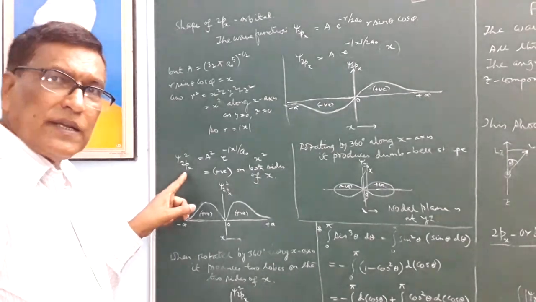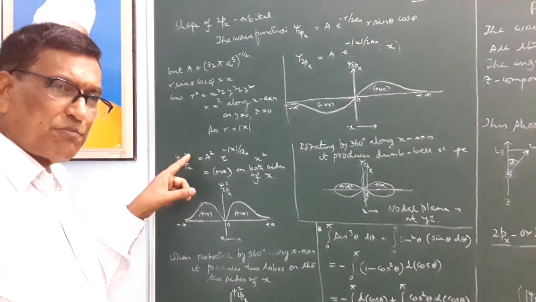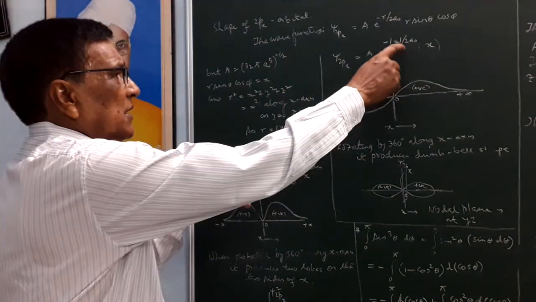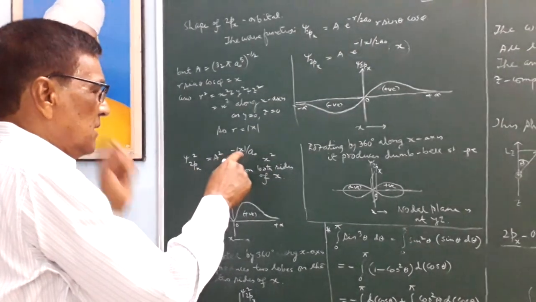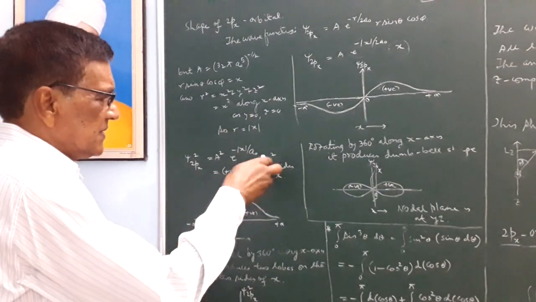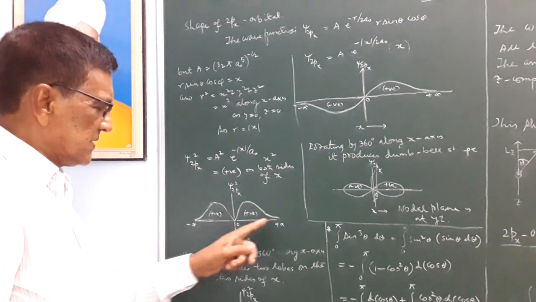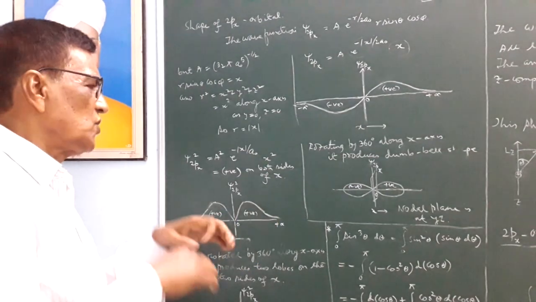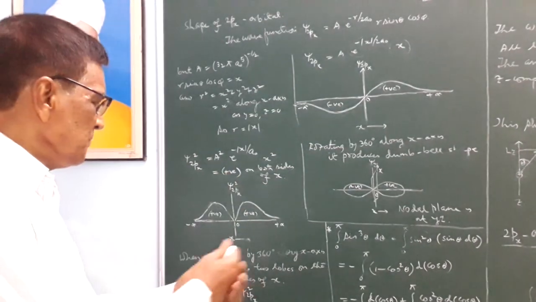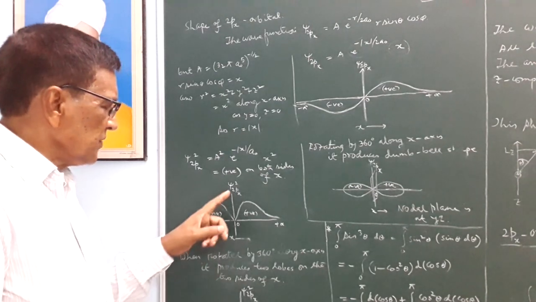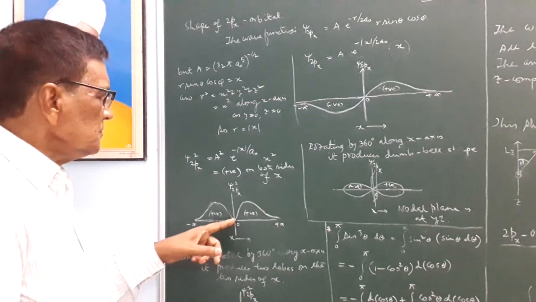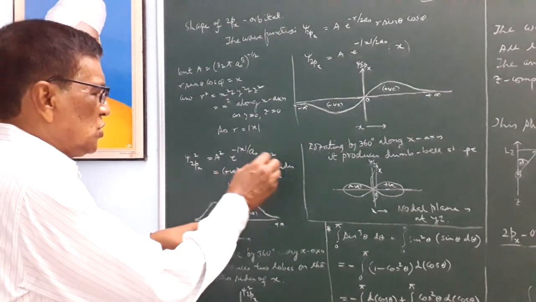Whenever we are plotting the psi 2px squared, the probability density, then a squared, the 2 will vanish, e to the power minus modulus x by a naught, and it is x squared. Since it is x squared, whether x is positive or negative, x squared is always positive, so the probability density is always positive on both sides of x. Plotting psi 2px squared versus x, again we get a Gaussian-like distribution.